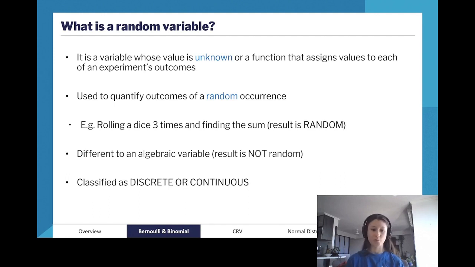An example of this would be rolling a dice 3 times and finding the result. That's random, right? But an algebraic variable, such as graphing a function, is not random, because it isn't dependent on chance, right?